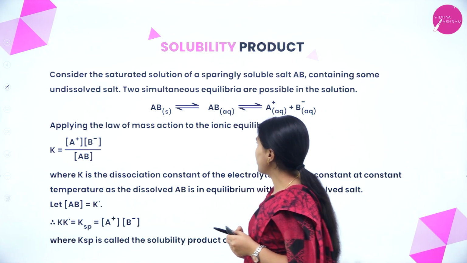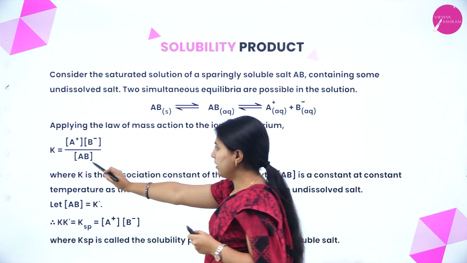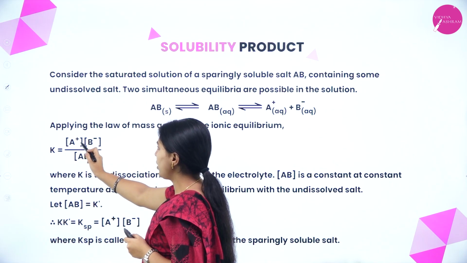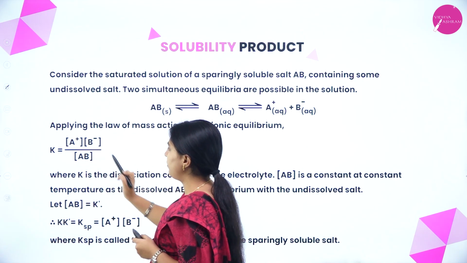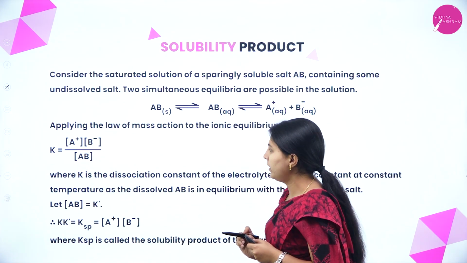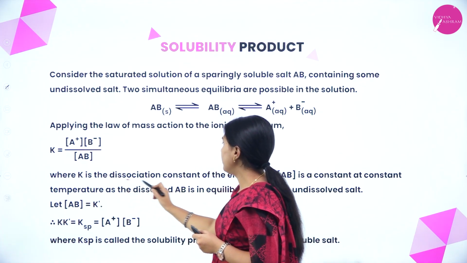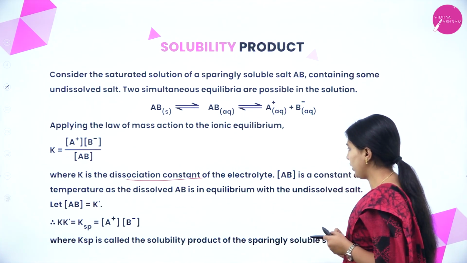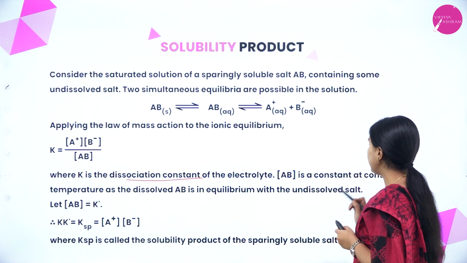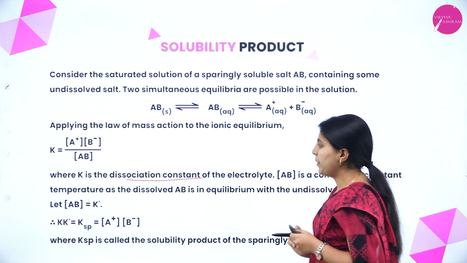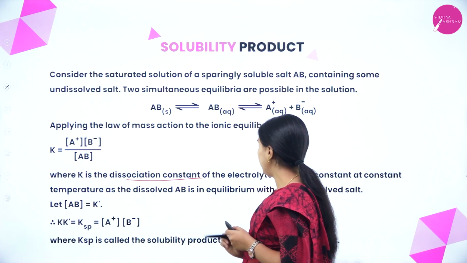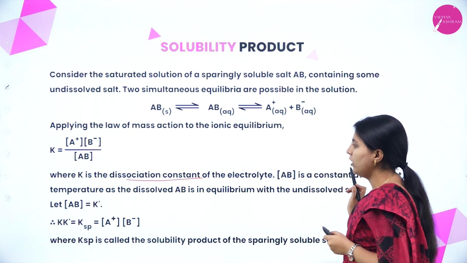Applying the law of mass action to the ionic equilibria, the equilibrium constant K equals concentration of products divided by concentration of reactant, where K is the dissociation constant of the electrolyte. The concentration of AB is a constant at constant temperature, as dissolved AB is in equilibrium with the undissolved salt.